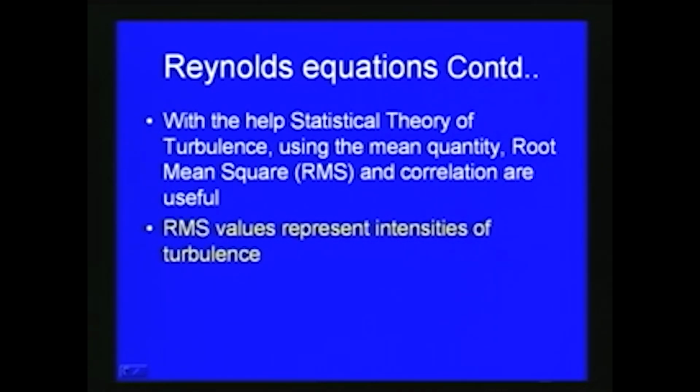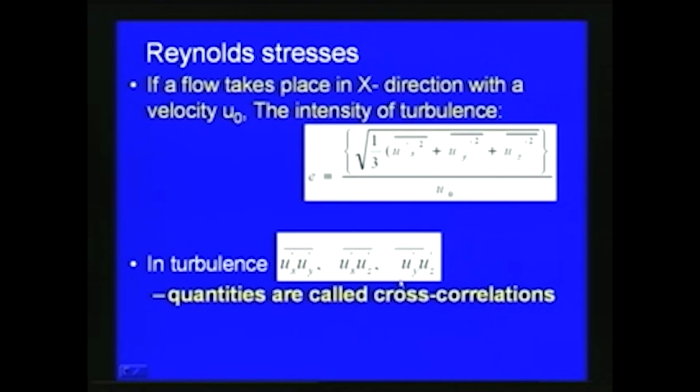This root mean square value represents the intensity of turbulence, as we have already seen. So, the statistical theory based upon the correlations, the RMS or the mean quantity, we can utilize. We have already seen the intensity of turbulence is expressed as E equal to the square root of 1 by 3 of u x dash bar square plus u y dash bar square plus u z dash bar square, divided by u 0, where u 0 is the free stream velocity.